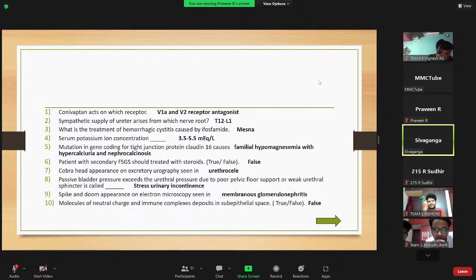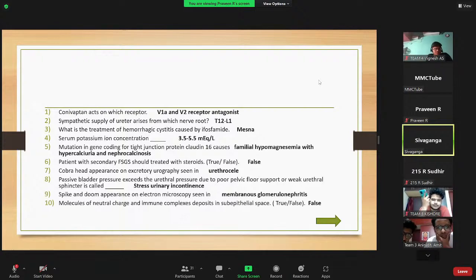Fifth question, you didn't answer. You answered after the timer, but we are not giving mark for that. Sixth one is false, correct. Seventh one is erythrocyl, you said right. Eighth one is stress urinary incontinence, you didn't answer. Ninth one, first you answered membranous nephropathy, then membranous glomerulonephritis.